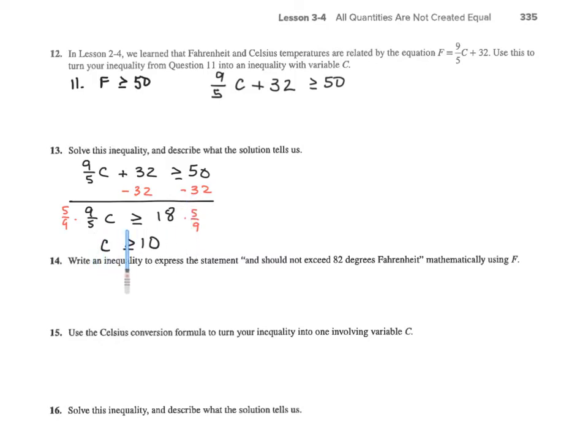And I got 9/5 C is greater than or equal to 18. And then I needed to divide both sides by 9/5. To divide by a fraction, you multiply by the reciprocal. So I multiply both sides by 5/9. And so here, those two cancel out, the 5's cancel, the 9's cancel. And so 18 times 5/9 gives us 10. So C is greater than or equal to 10.